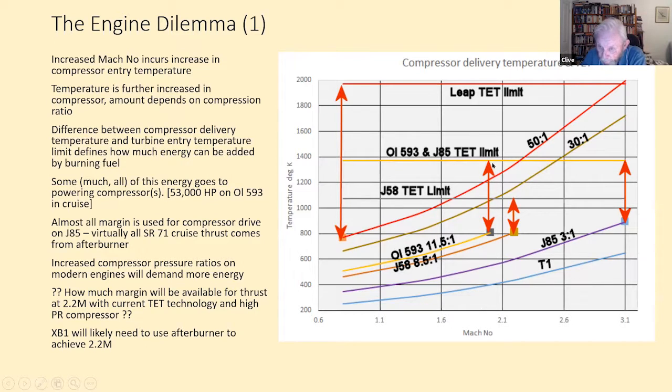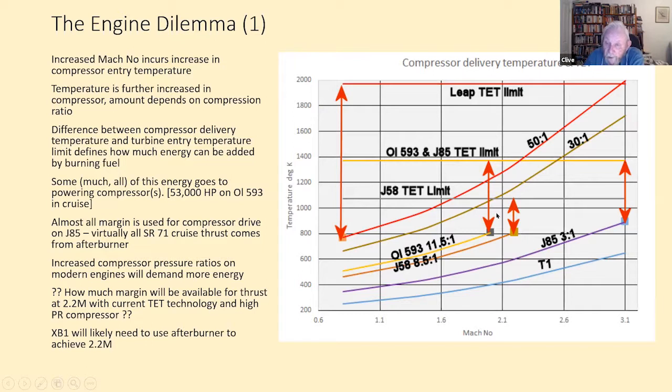You then have a limit on turbine entry temperature from materials. So there's a temperature margin, if you like, which represents the amount of energy that you can put in without exceeding the TET limit. Now that energy has got to be used in the first place to drive the compressors, and whatever's left is used to give thrust.